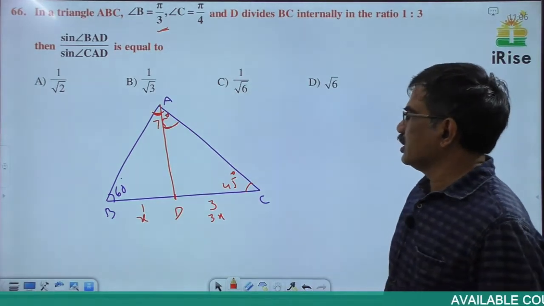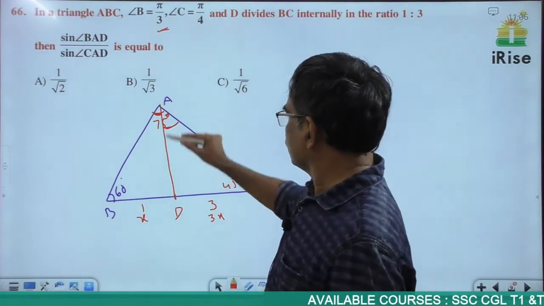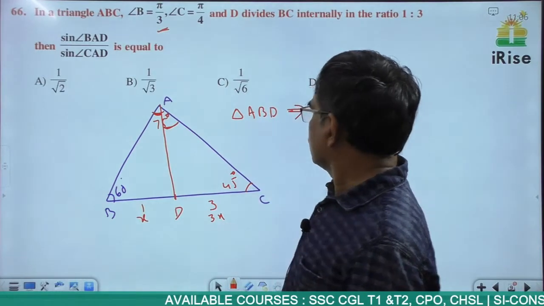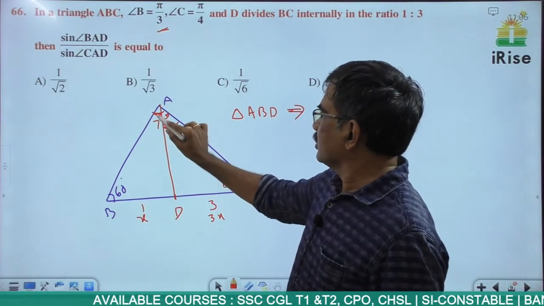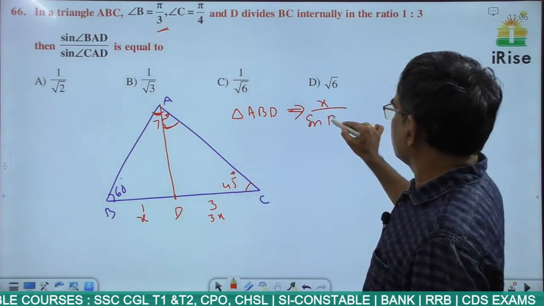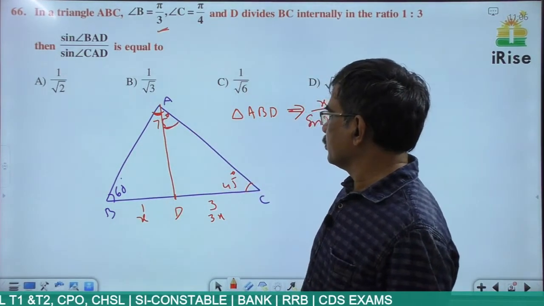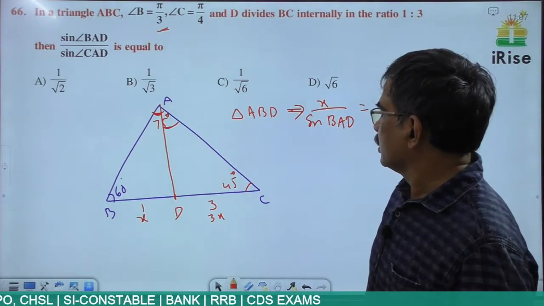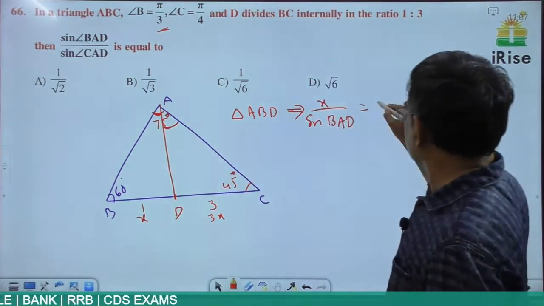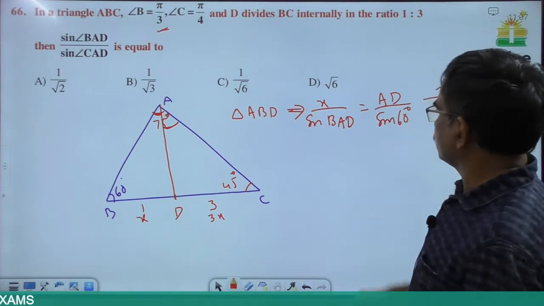Here also I want to apply the sine rule for this triangle and also this triangle. So in triangle ABD, x by sine BAD is equal to AD by sine 60. This is the first equation.